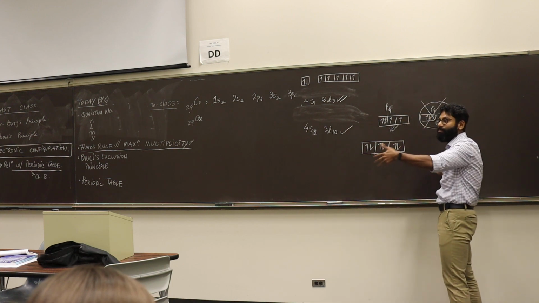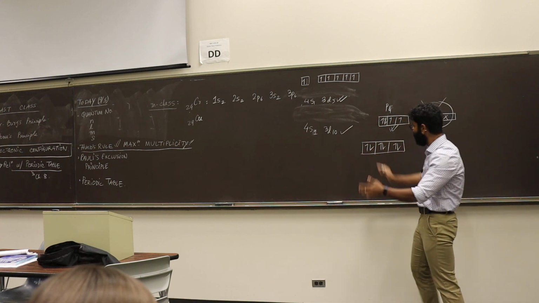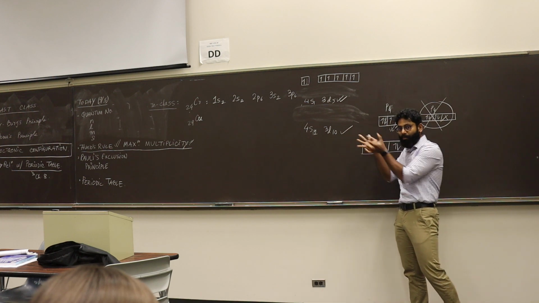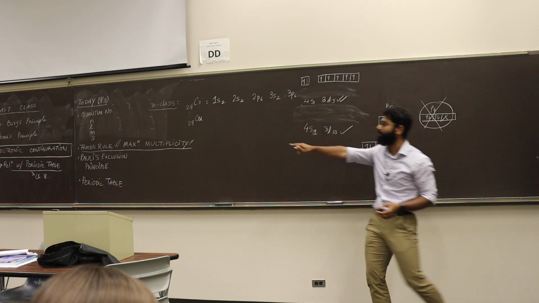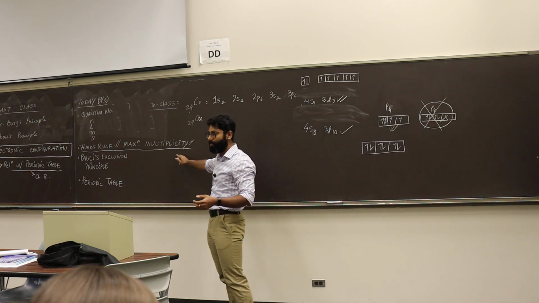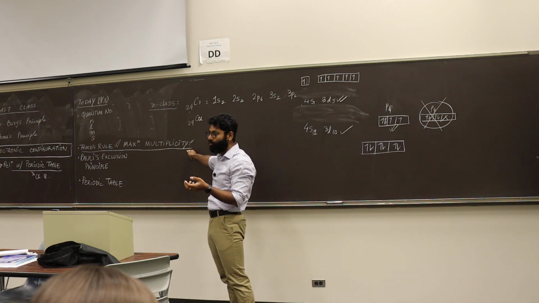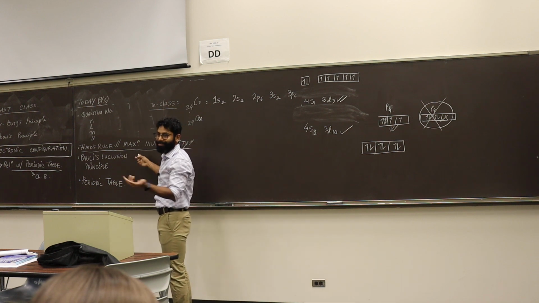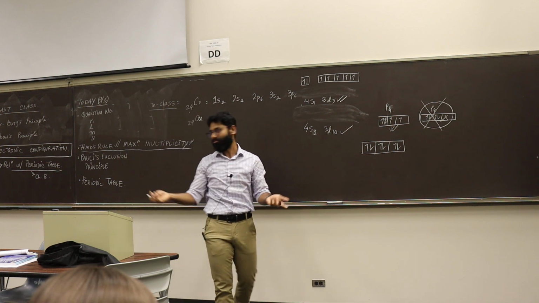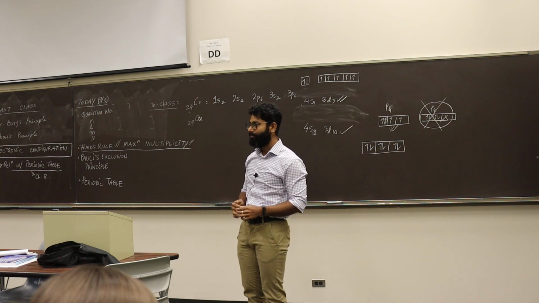You increase the multiplicity after you occupy each orbital first and then pair up. So that is Hund's rule of maximum multiplicity. We saw this rule the last time, but we didn't put a label to it. So here's your label. So it's just a rule. Okay?